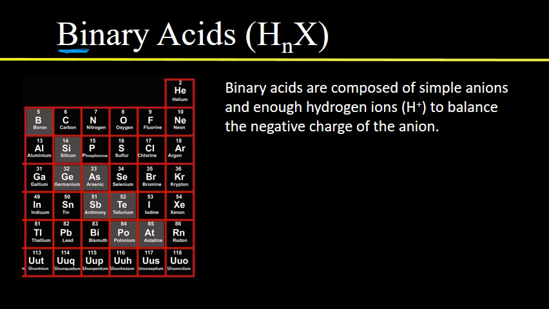So these would be things like hydrogen and chlorine, which would give you hydrochloric acid, or hydrogen and bromine, which would give you hydrobromic acid. But when we say binary in this case, binary means two elements. It doesn't necessarily mean two atoms.